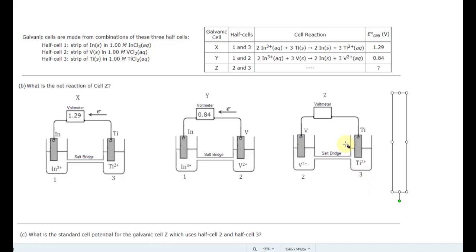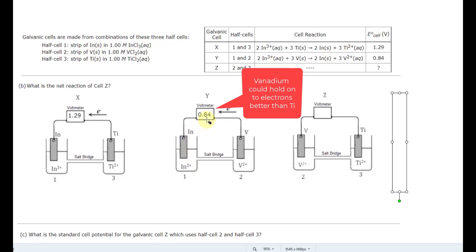We're going to have a tug of war again. We're going to have vanadium plus 2 tugging on the titanium metal. We've got the titanium plus 2 tugging on the vanadium metal. Well, which one's better at getting electrons? When we look at these two, X and Y, we saw that vanadium was doing its best to hold its own against the indium plus 3.